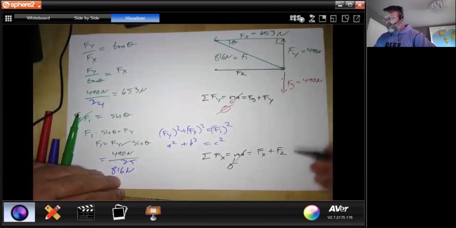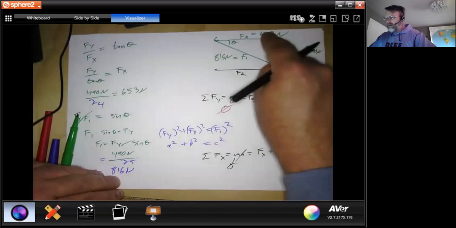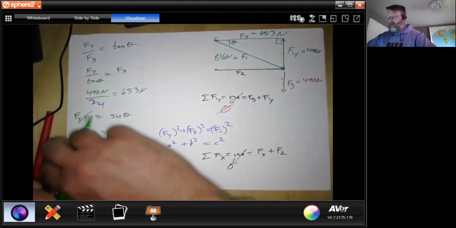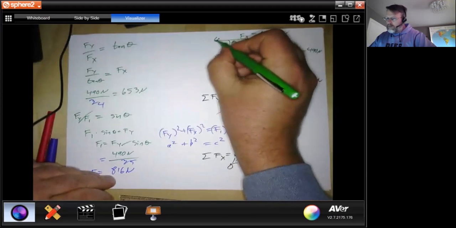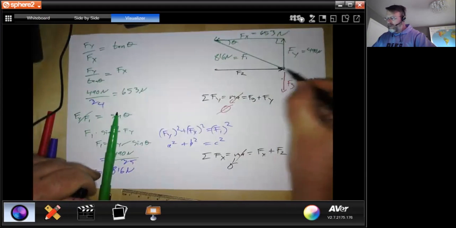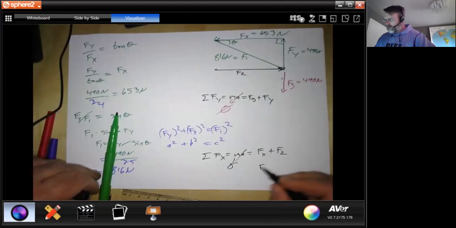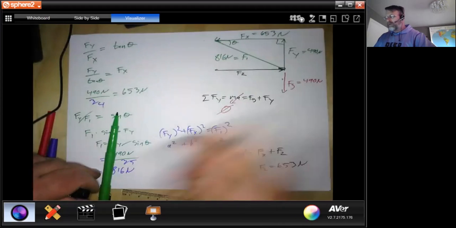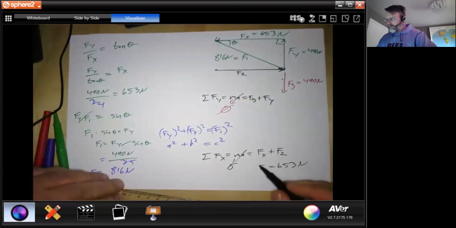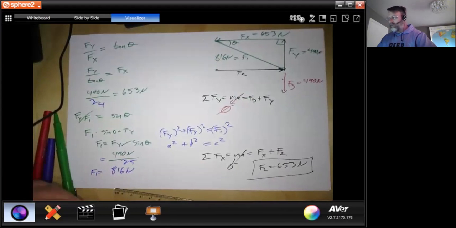You could say f2 of x if you want to, but this one only has an x component, so it doesn't matter. These two are going to have to be equal and opposite. This cable was pulling in that direction, and the pole is going to be pushing out in this direction. So F2 is going to equal 653 newtons to the right. So that is our final answer.